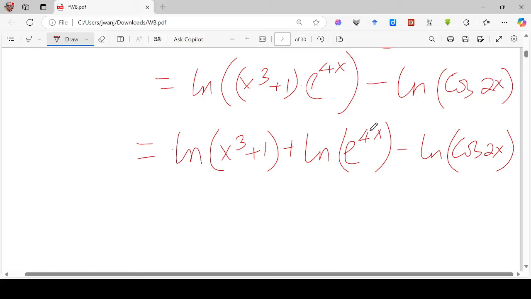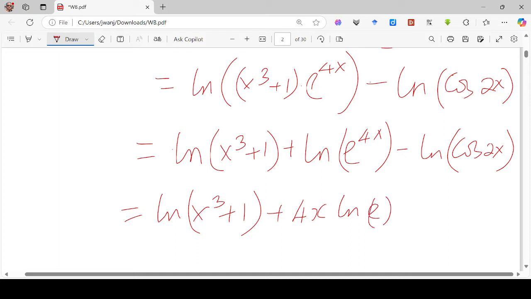So e raised to power 4x, we can apply the third law, which says that the power becomes the coefficient, so that we get logarithm of x cubed plus 1 plus 4x logarithm of e minus logarithm of cosine of 2x.